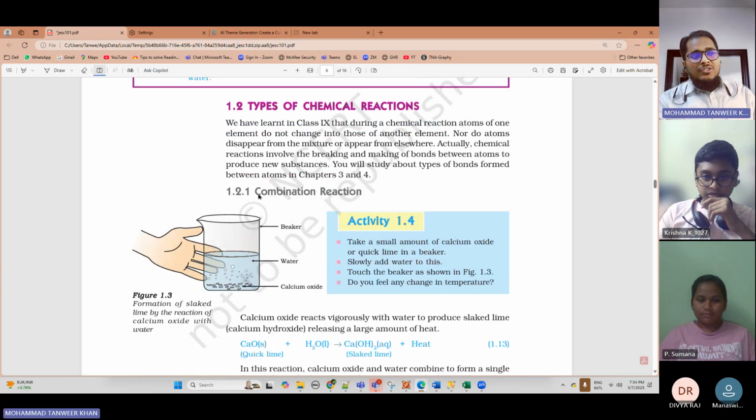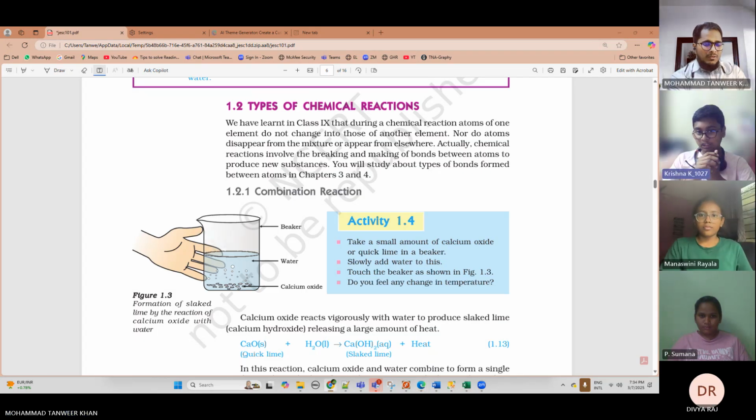Now, the first reaction is the combination reaction. What is this combination reaction? We'll try to understand. They are doing one activity here. Take a small amount of calcium oxide, quick lime, in a beaker. What do you have to take? Calcium oxide. What is the formula of calcium oxide? CaO.